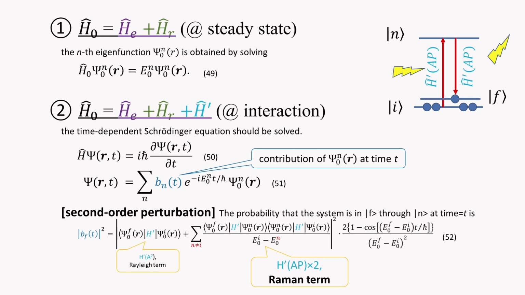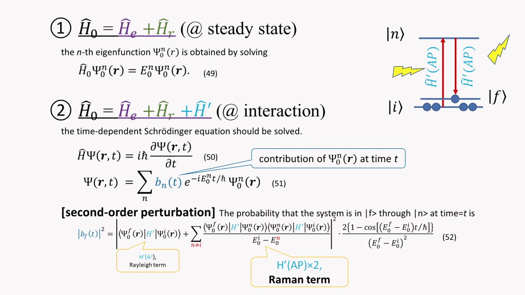So let's regard that we know the nth eigenfunction psi 0 n of r. And this wave function is obtained by solving this equation. So we know how to describe the wave function in the steady state. So we already have a complete set.